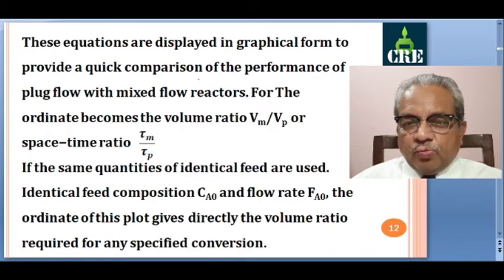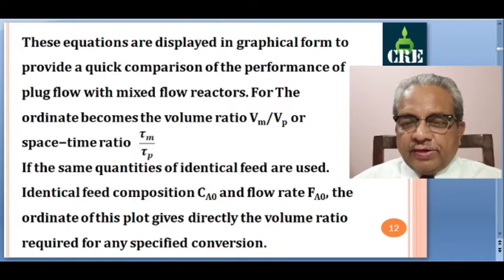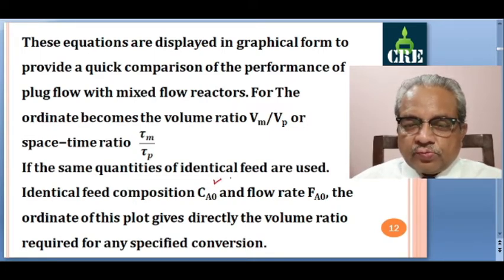So, comparative performance. The ordinate, that is the y coordinate, becomes the volume ratio Vm by Vp, or the space time ratio tau m by tau p, if the same quantities of identical feed are used, that is identical feed composition C_A0 and F_A0, the molar feed rate or molar flow rate.